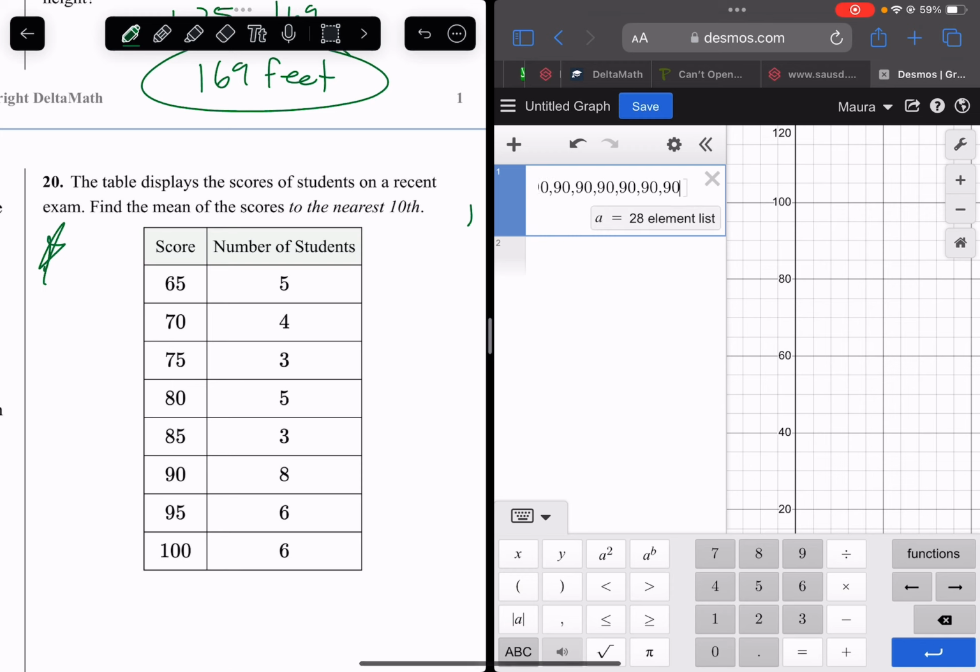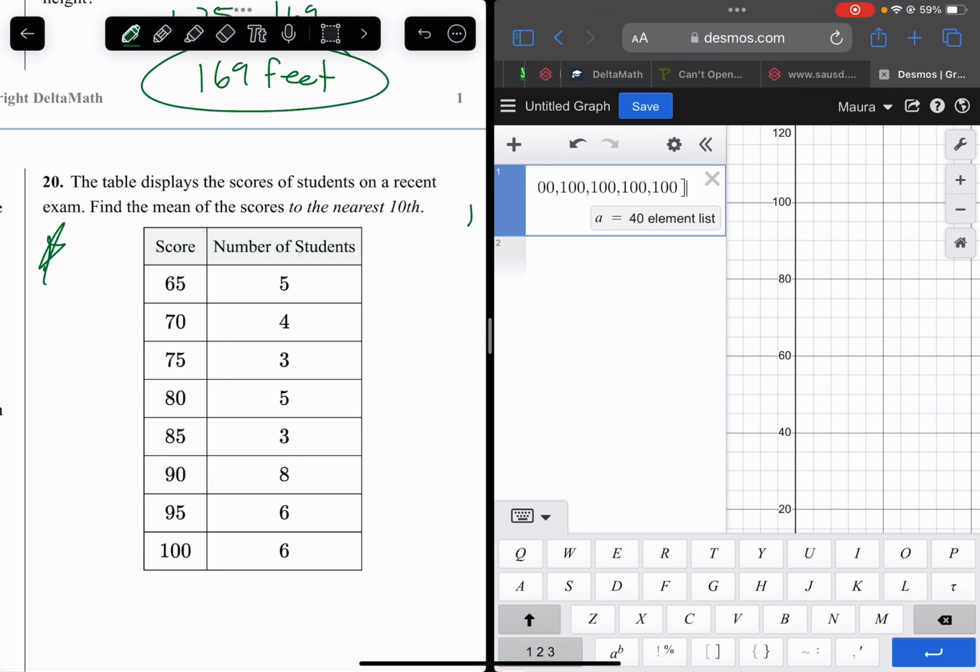And then we have 6 95s. 6. And 6 100s. 1, 2, 3, 4, 5, 6.